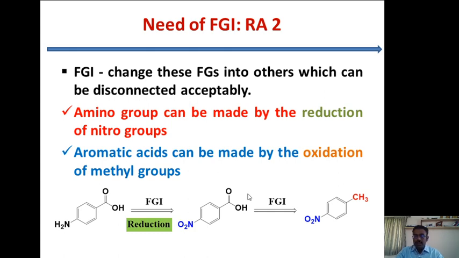Here we are using simple oxidation, we can convert the methyl into acid. So we write functional group interconversion on the top, because we are converting this acid into methyl, and at the bottom we write oxidation, because the reaction is carried out using oxidation.